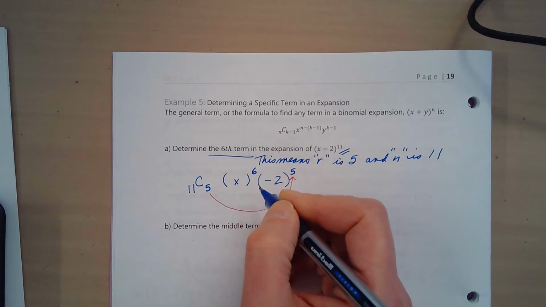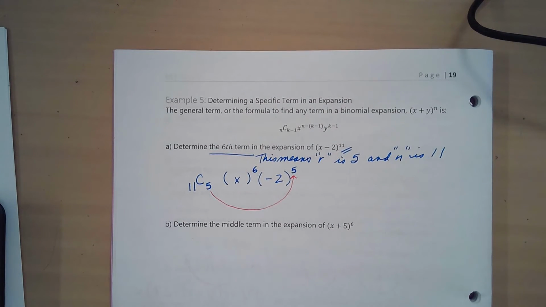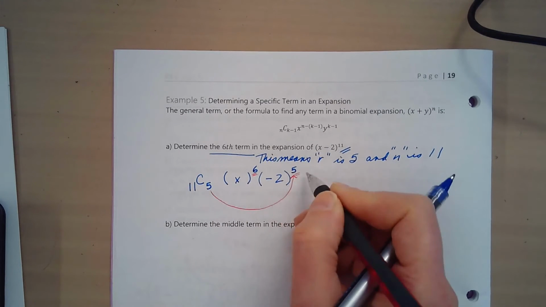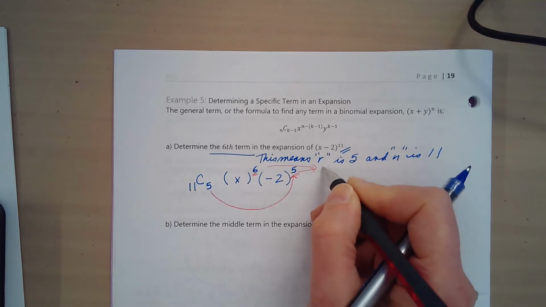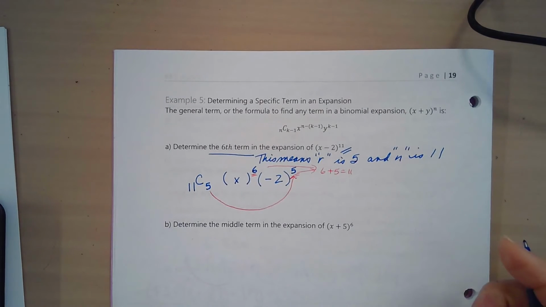Why is it 6? Because 5 plus 6 equals 11. Remember that? 6 plus 5 equals 11. Okay, so you have everything you need.